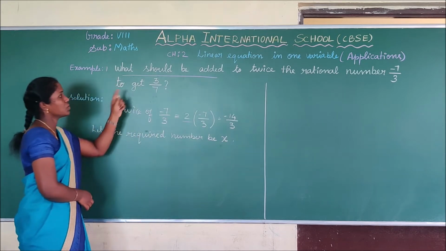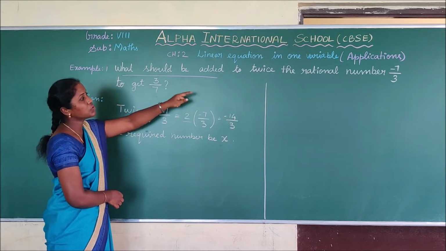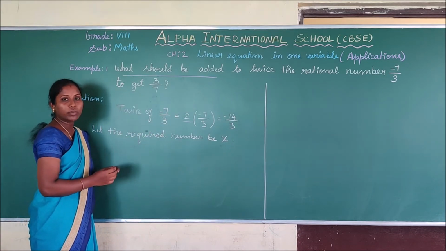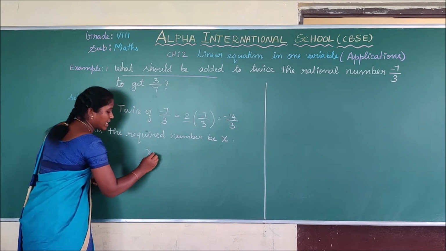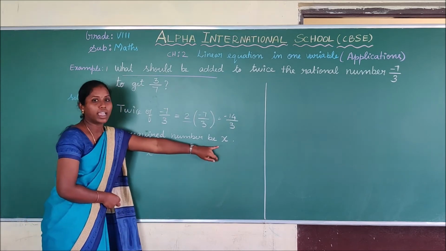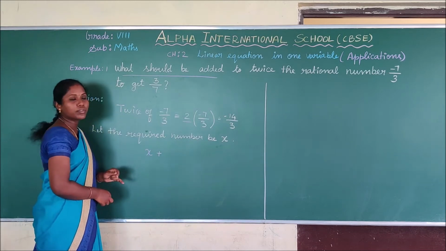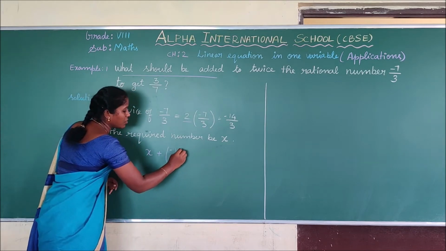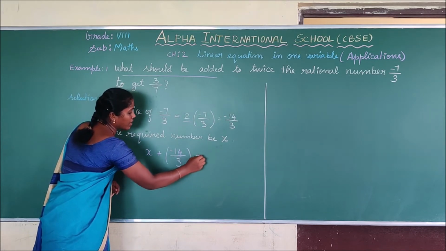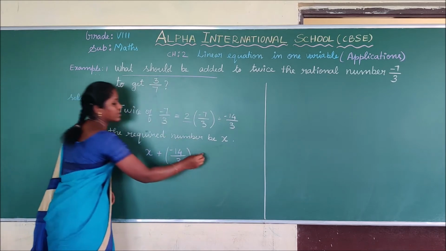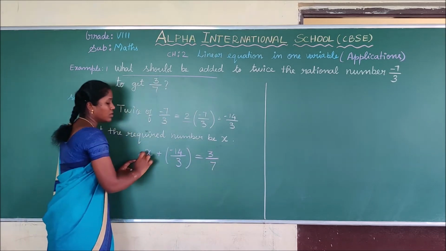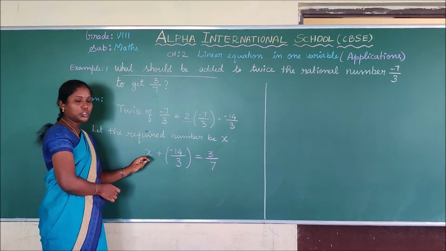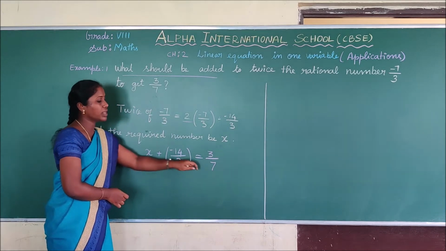Now, come to the question. What should be added to twice the rational number minus 7 by 3 to get 3 by 7? How will we form the equation? We add x, the unknown number, plus twice the rational number, which is minus 14 by 3, to get 3 by 7.